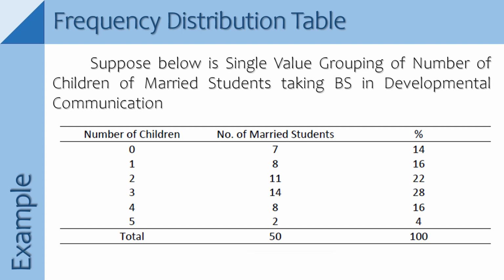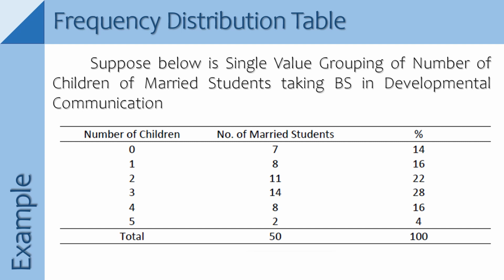Okay, next is the number of married students. How many married students don't have children? There are 7 married students who don't have children.